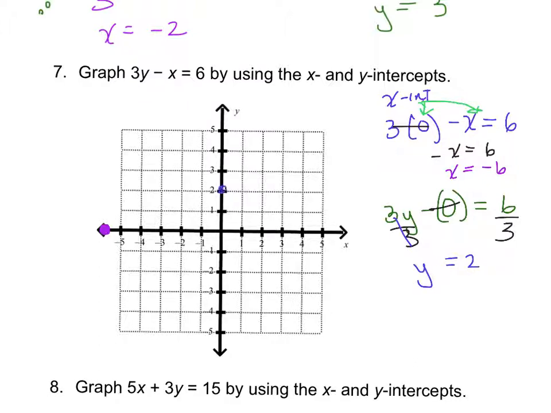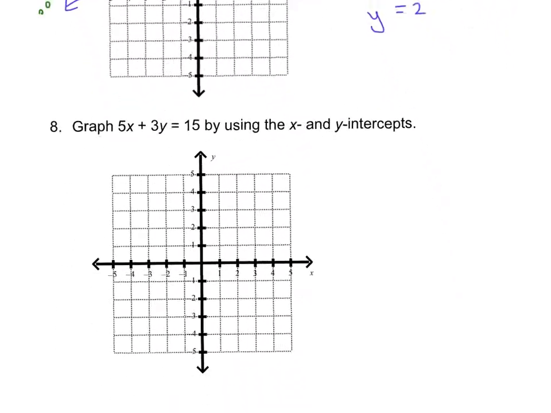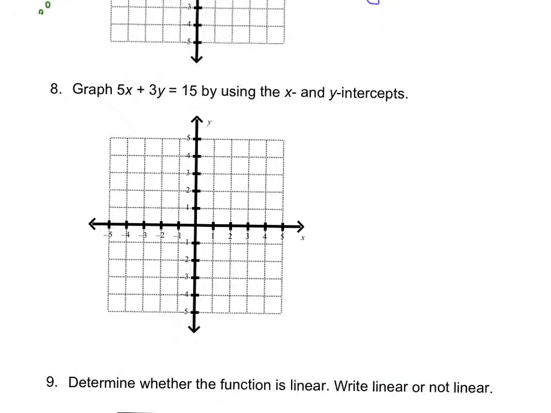So I'm going to go to 2 on the y-axis. Now I'm going to connect the dots. It's supposed to be a perfectly straight line, but again, my pen is not very conducive to writing today. Excellent. X-intercept, 5x plus 3 times 0 equals 15. That just goes away.